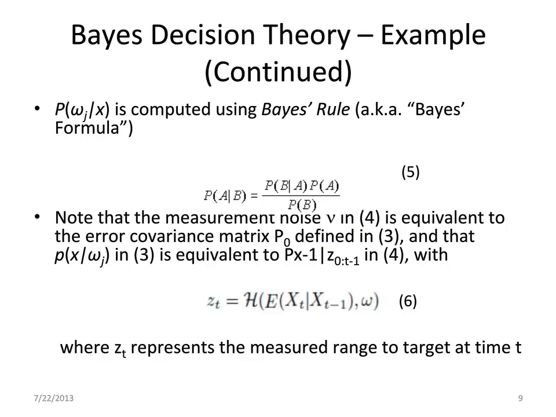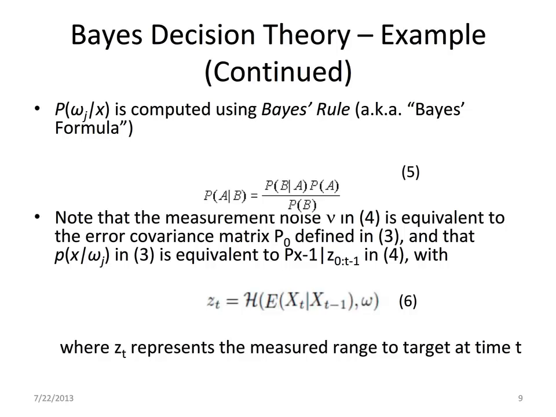For the purposes of this discussion, we'll say the probability of state of nature omega sub j given state x is the probability of state x given the state of nature omega sub j. Reminder, state of nature being a target's detected or not detected, times the probability of state of nature omega sub j, with the product divided by the probability of a state x. And again, we saw that in equation 3 on the previous slide.